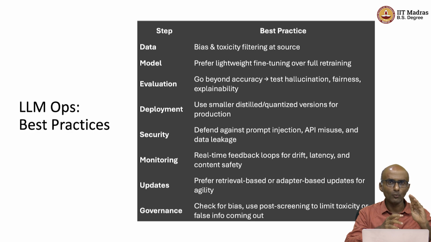But if you can do one thing from a data perspective, it is to do curation, which also means that you have absolutely got to control for bias and toxicity right at the source. That's the number one thing you might want to try to do with respect to the data category such that you have a healthy LLM.